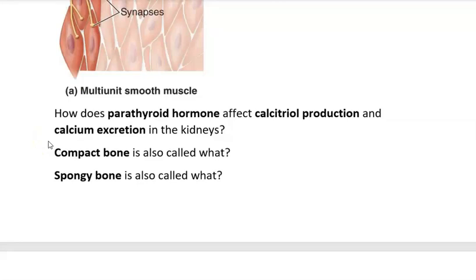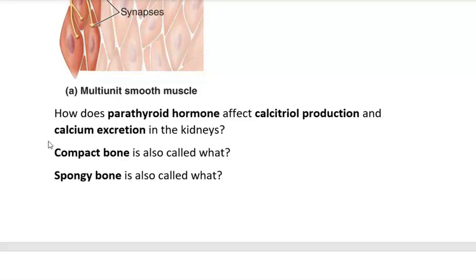How does parathyroid hormone affect calcitriol production and calcium excretion in the kidneys? Okay, so you just need to go back and look at the effects of parathyroid hormone and be very familiar with them. But I will tell you, parathyroid hormone is going to increase calcitriol production and decrease calcium excretion.